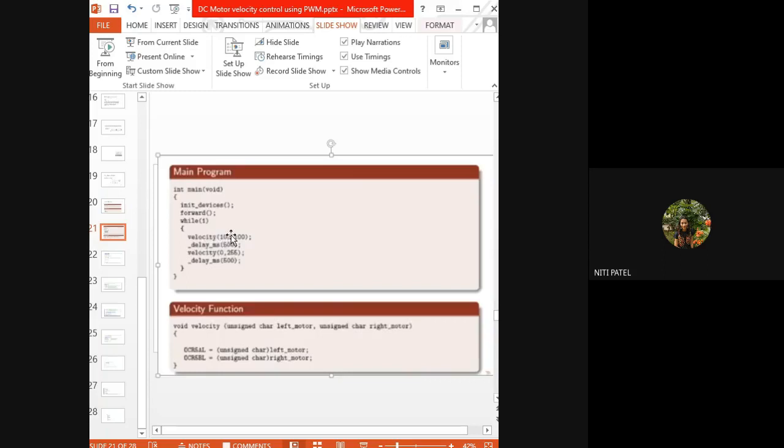So velocity is 100, 100. Again, it will wait. That means delay. So it will wait for 500 milliseconds. Again, it will go forward with another velocity, that is 0, 255. Again, it will take a delay of 500 milliseconds, and this will continue in the loop.